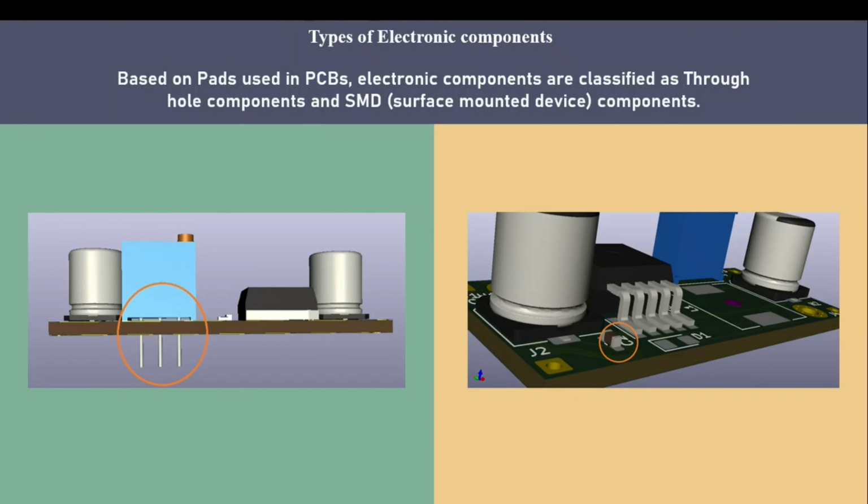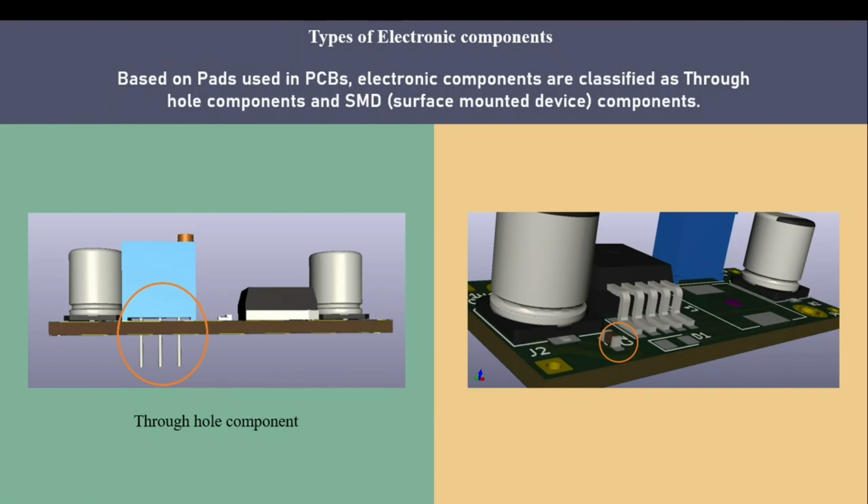Based on the pads used in PCB, where we solder the component, they are classified as a through-hole component or SMD component. SMD stands for surface mount device. So in the first picture, if you see, this is a preset which is mounted on this PCB, but the pins came through the hole.